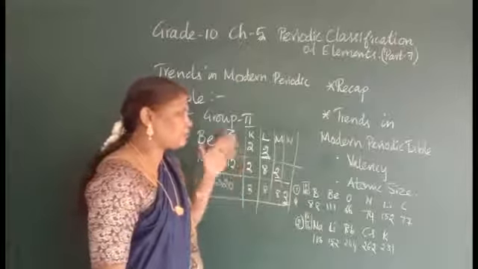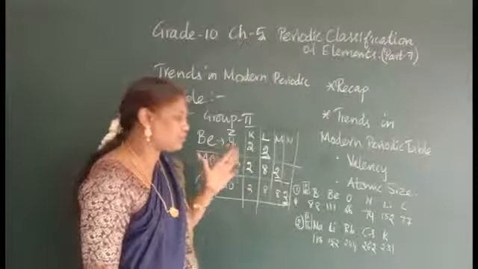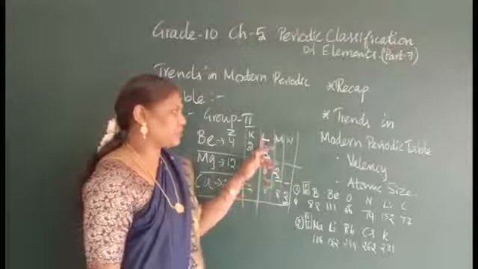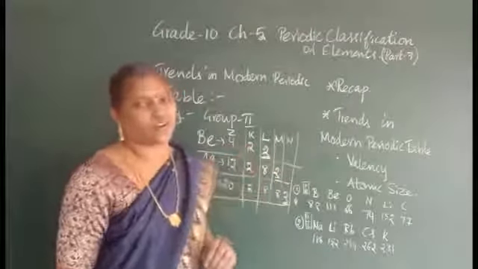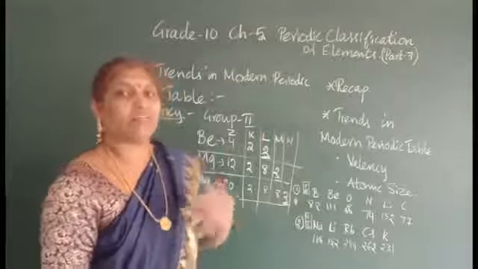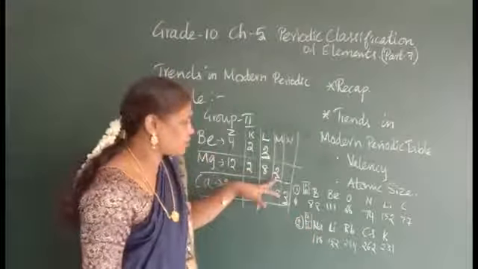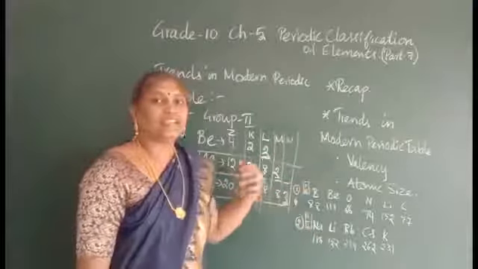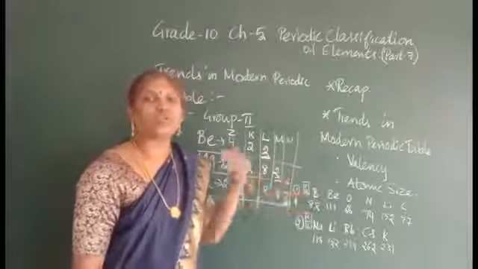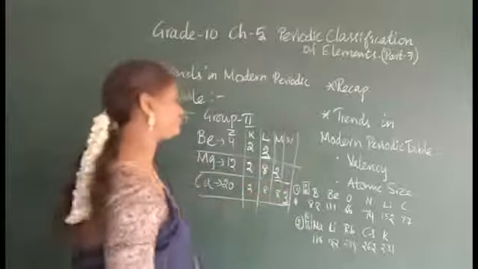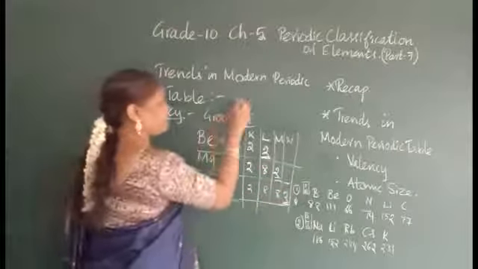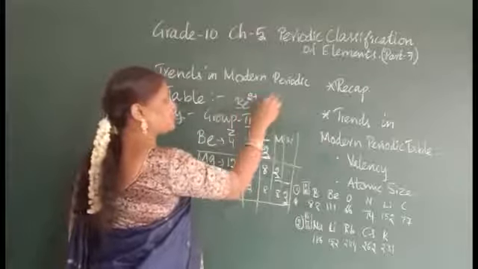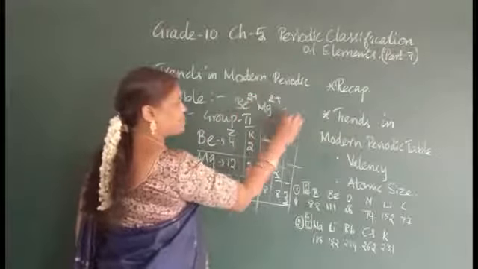What is the thing we have to know? Beryllium has 2 electrons in the outermost shell, so the inner shell is complete. What will it do? It will give 2 electrons. Here also, it will give 2 electrons, and here also. It loses 2 electrons and becomes beryllium 2 plus, magnesium 2 plus, calcium 2 plus.